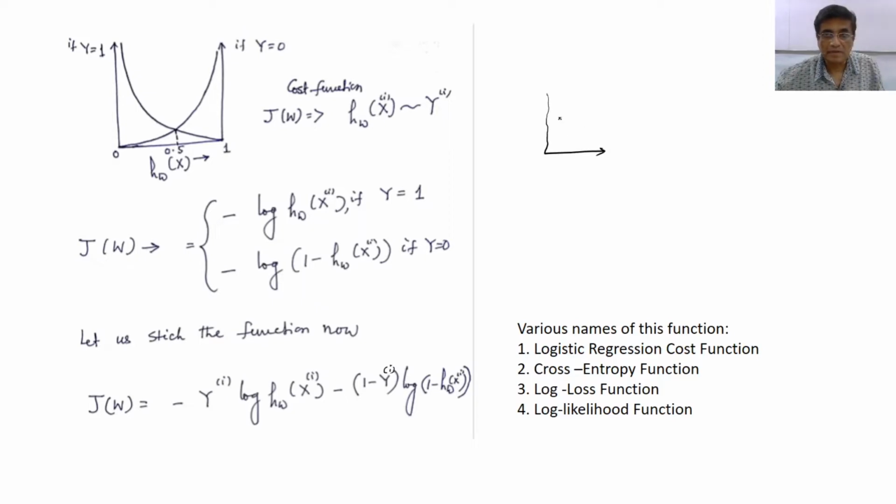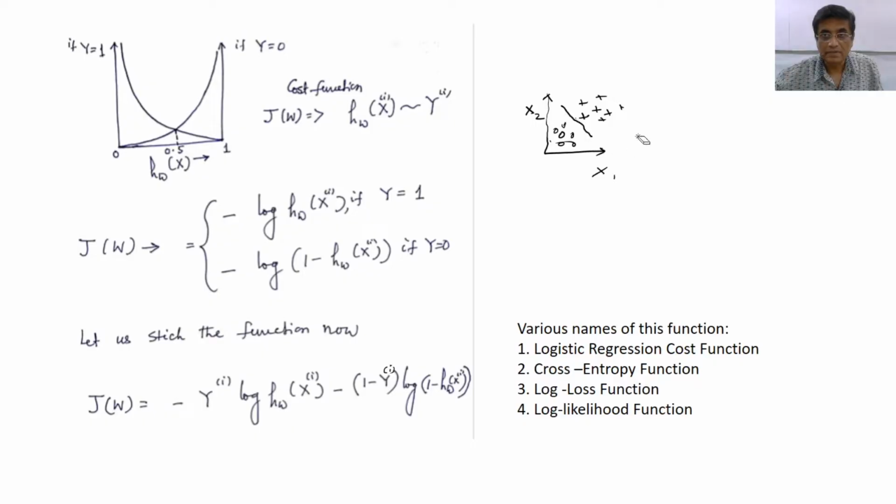Say this is my x1, x2, and you have two classes, so we are trying to find a decision boundary here.